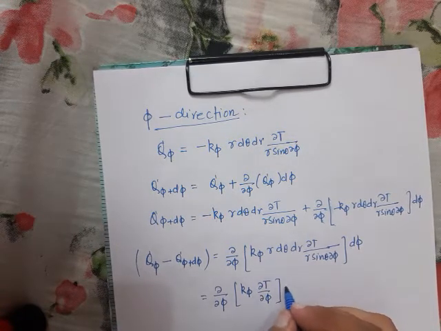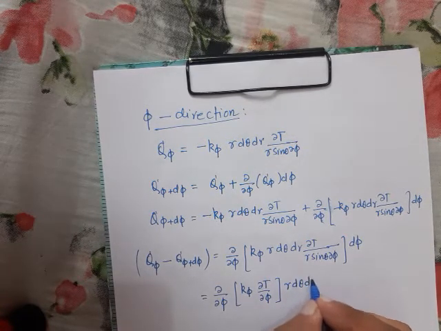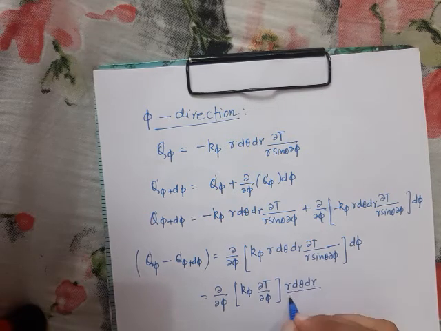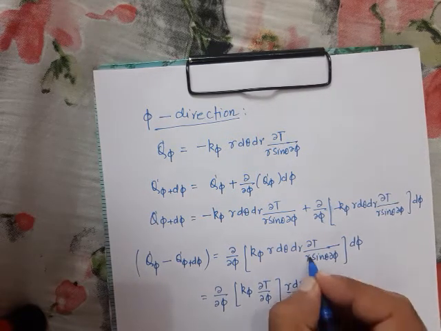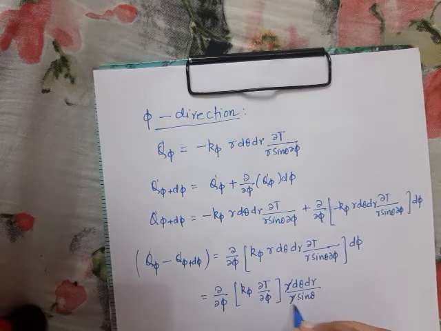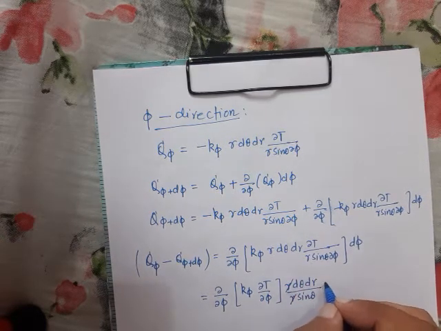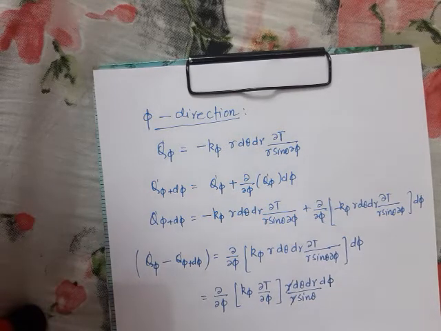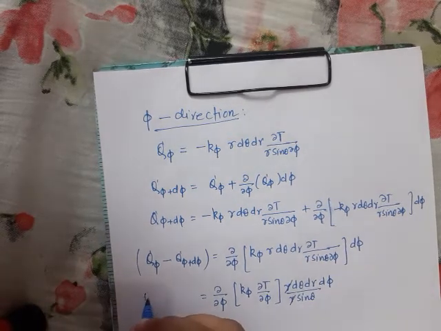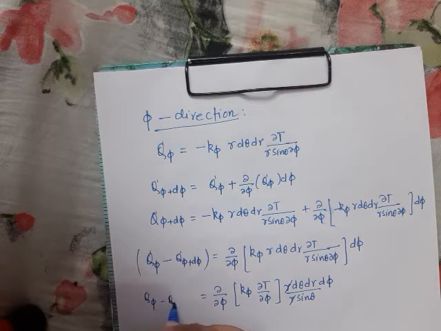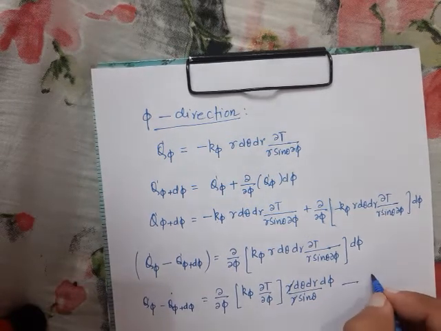You can take r d theta dr upon r sin theta, this r gets cancelled out, you can omit r. Okay, d theta dr sin theta and d phi. So finally q phi minus q phi plus d phi is there for you, equation B.